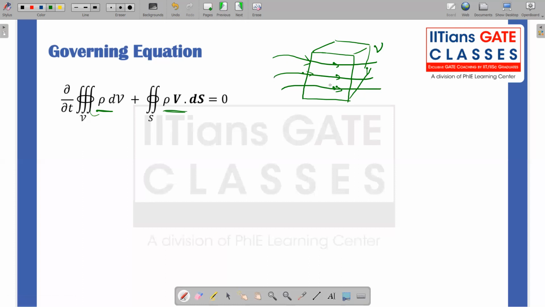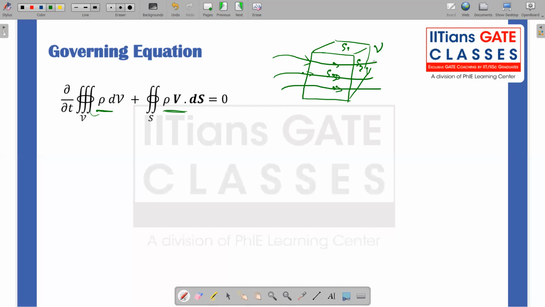So basically, what we have is a volume enclosed by a set of control surfaces, say surface 1, surface 2, surface 3, like that. We have 6 different surfaces for a volume. What we have considered here is basically a rectangular volume.